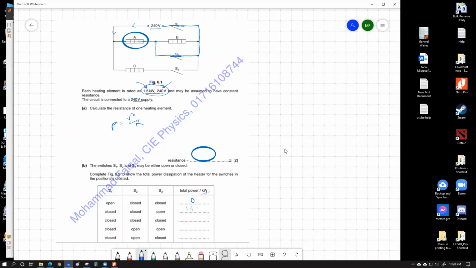And then it says closed, closed, closed. Now have a look. If we now consider this one is closed, this one is closed, and this one is also closed, what is going to happen?